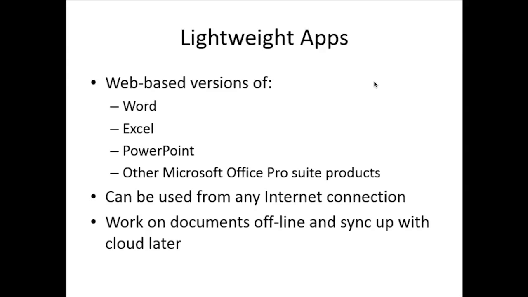Lightweight apps. So part of what's included in Office 365 are lightweight versions of Word, Excel, and PowerPoint. And as I mentioned, I'm running this presentation right now off of the lightweight version of PowerPoint through Office 365. There are some other applications in Office 365. One called Sway. Don't know a whole lot about it.